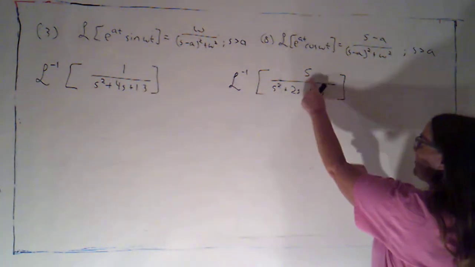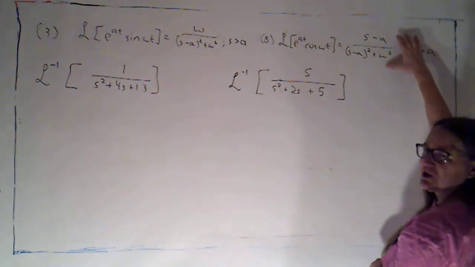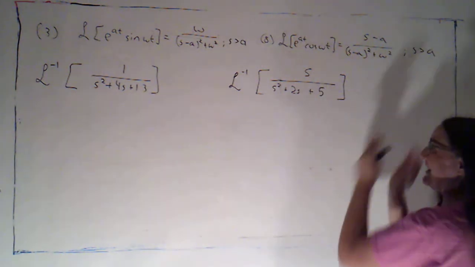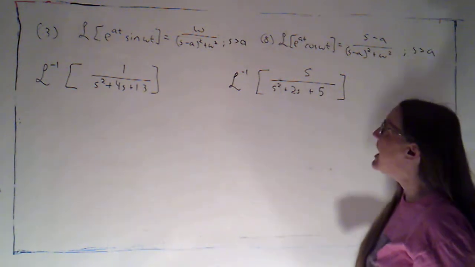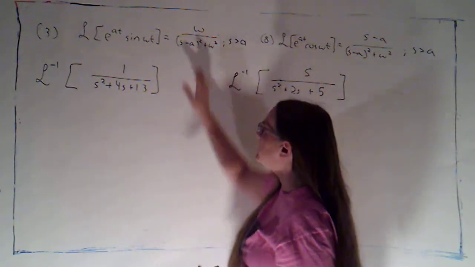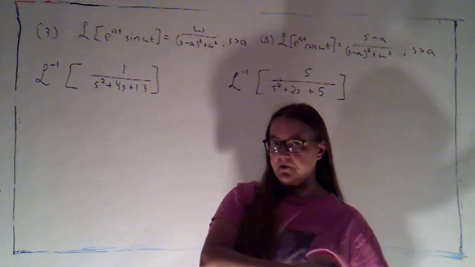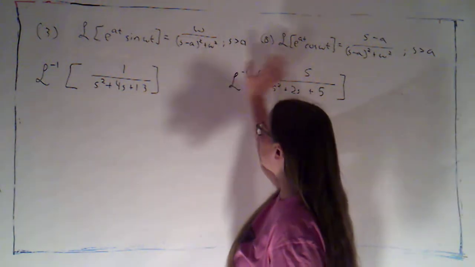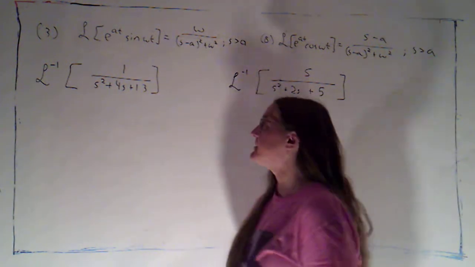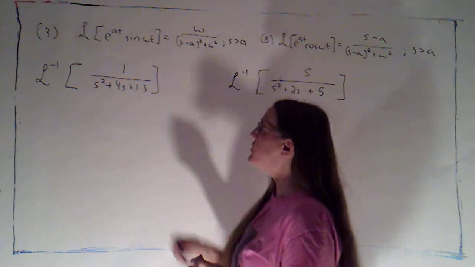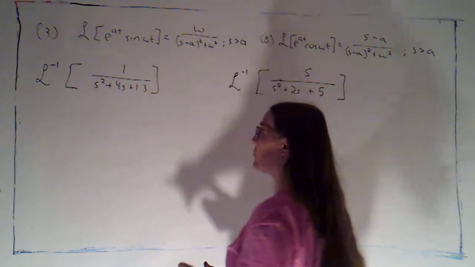Whereas I'm thinking this one, where I have an s on the top, I'm going to make look something like this because I have an s on the top there. Okay, but I want to make the bottom look like s plus or minus some number squared plus some other number squared, because then I have some hope of matching one of these formulas. So the way I'm going to do that is by completing the square.